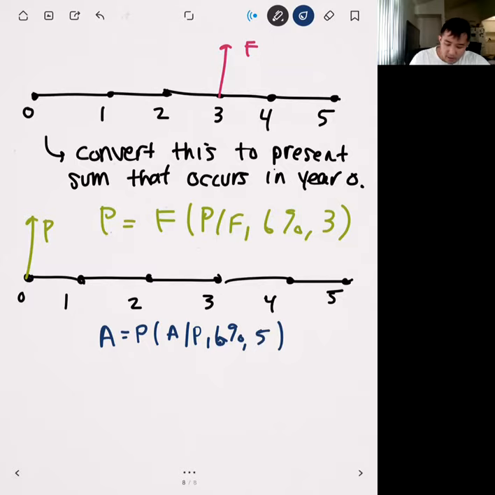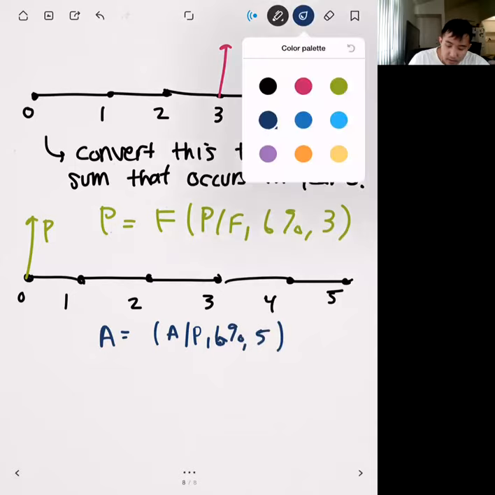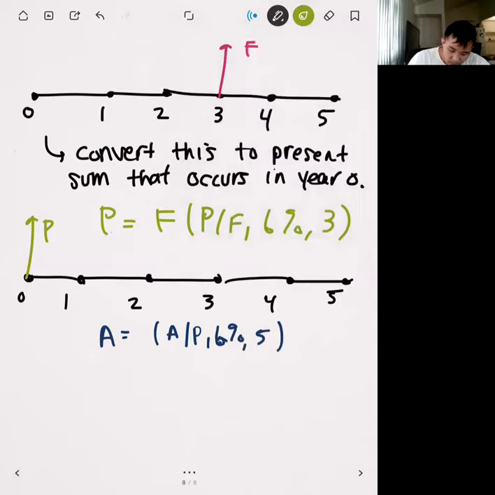If we write out the entire expression here, we just plug in for P, because we know that P is equal to F up there. So A is equal to F times A over P times P over F, 6%, 3.